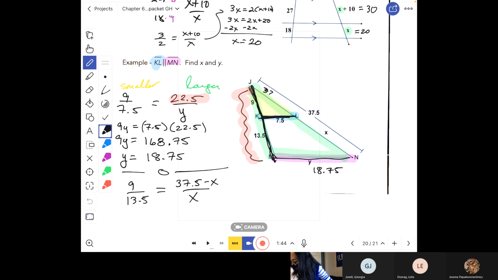Because isn't this 37.5 minus x? So I have this over this equals this over that.